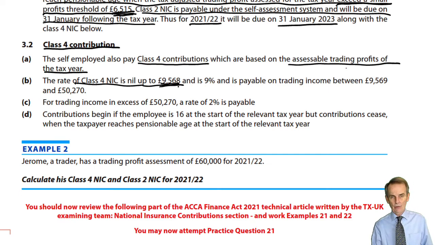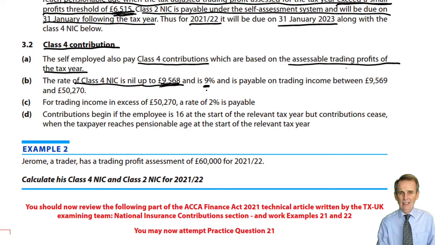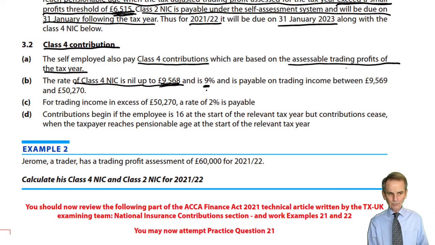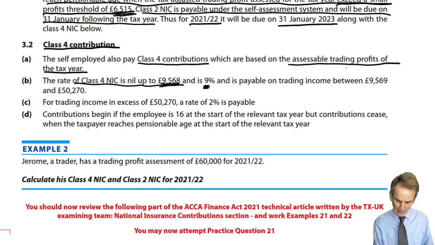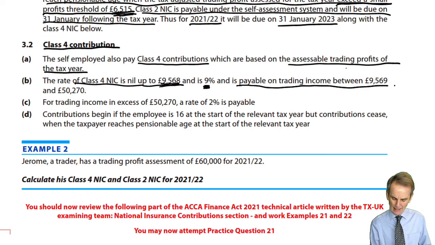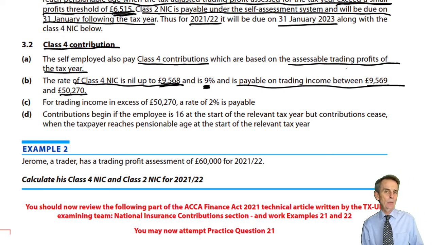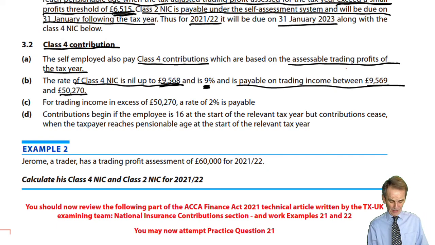This time, however, for the self-employed, look, we get a lower figure. It was 12% on such income there, employment income for the employee. In relation to the trading income, we're talking about a lower figure of 9%, and it is payable on trading income above £9,568, so between £9,569 and again that same upper limit as we employ for the Class 1 employee contributions there, above which we pay at a lower rate.